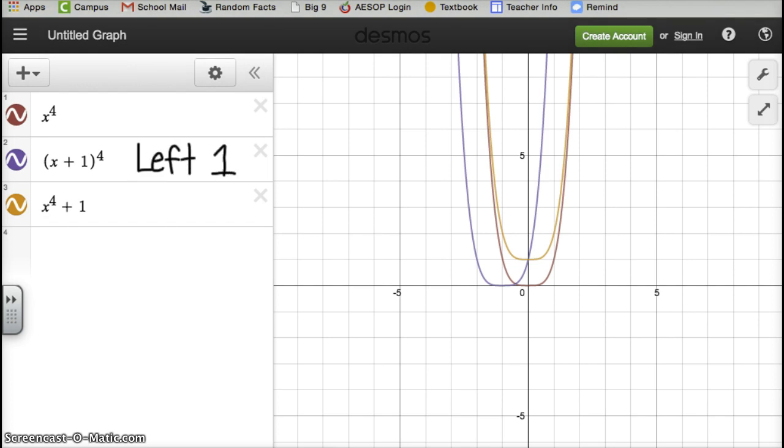No impact. Up 1. Major impact. Down 1. Does it impact? Squishing it, compressing, stretching, flipping, whatever. How does it impact? That's what I want you to be thinking about. Okay? Have that in the back of your mind. You're smart people. I know you can figure this out. Thank you, thank you, thank you.